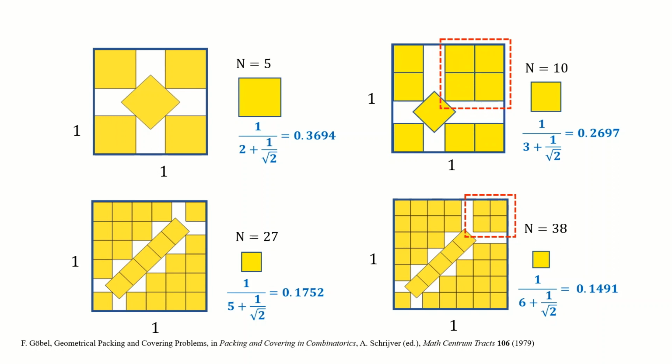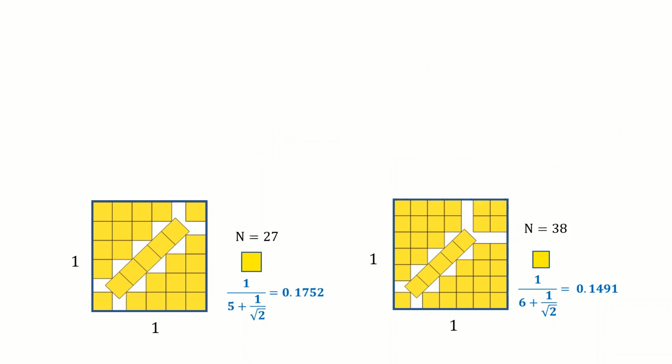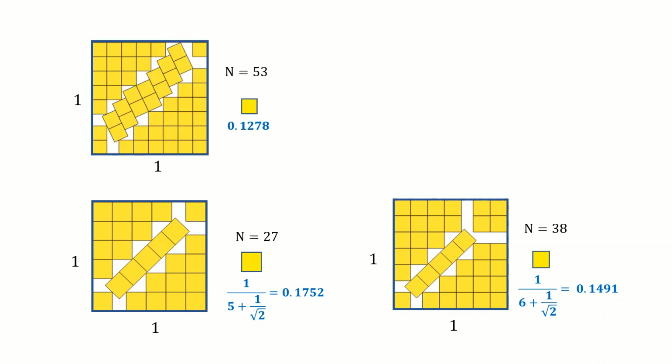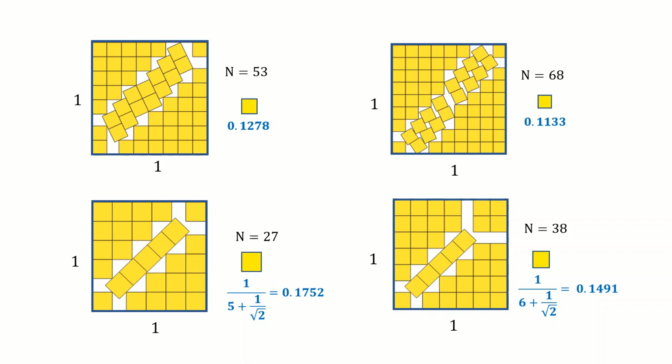And as you can see, they both look the same. Another variation for this type of solution is, for example, the case for 53 and 68 tiles, and the strip in the middle at the 45-degree angle has 2 rows of tiles.